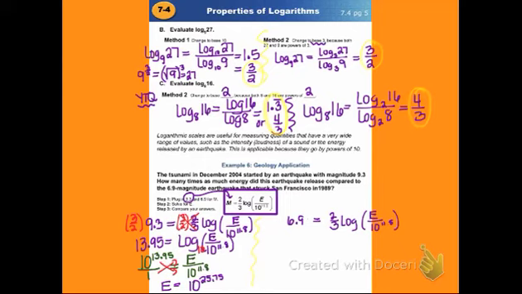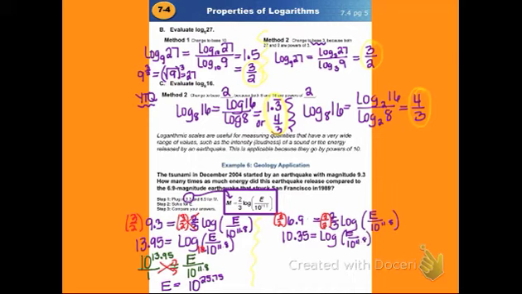Then we can solve for E again. This time we multiply by 3/2 again to get rid of that 2/3. When I multiply 6.9 by 3/2, I get 10.35. And now that's equal to the log of E over 10 to the 11.8 power.